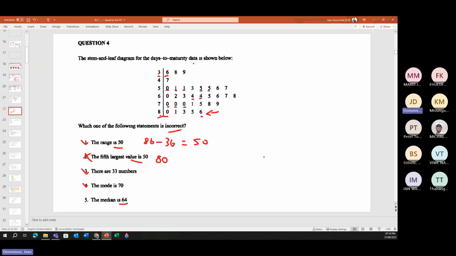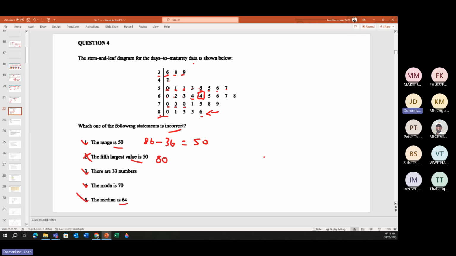So if there's 33 numbers, there will be 16, then your 17th number in the middle, and 16 on the other side. So 1, 2, 3, 4, 5, 6, 7, 8, 9, 10, 13, 14, 15, 16, and then 17 is in the middle.